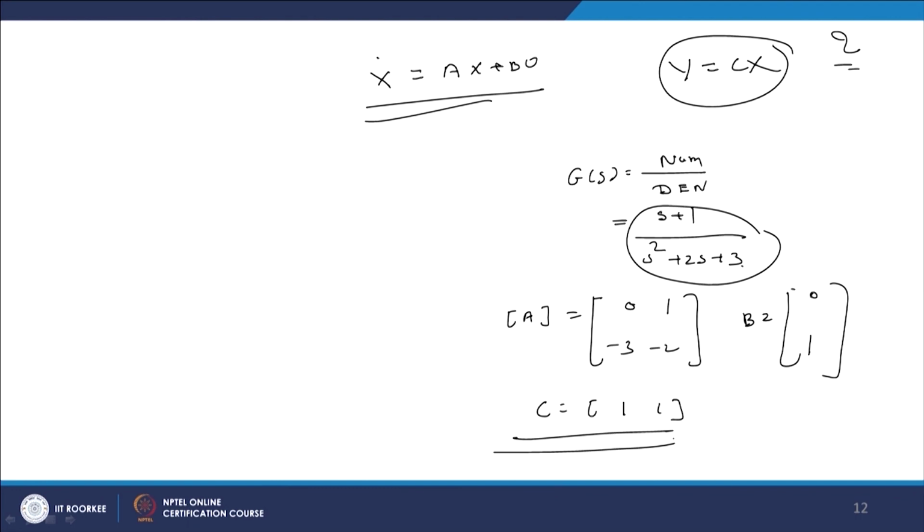So, the system is like this, and we mainly concentrated on s square plus 2s plus 3, and we have designed a controller, but there is this s plus 1. So, s plus 1 gives the zeros of the system.